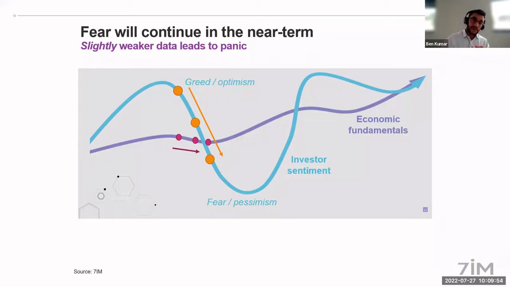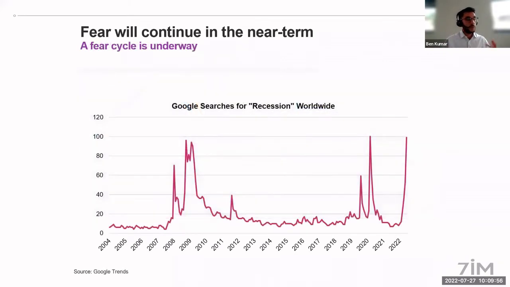If you go on the next chart, you can see what I think is a really nice proxy: Google searches for recession. When people worry about things, obviously this didn't happen 20 or 30 years ago. They didn't have Google. You'd have probably heard the word recession muttered more in pubs or in workplaces, but now people just go online. Is a recession going to happen?